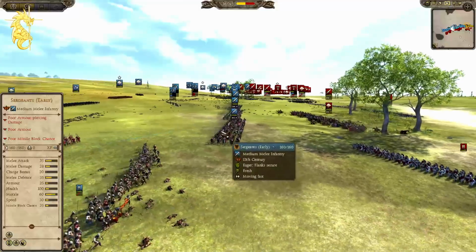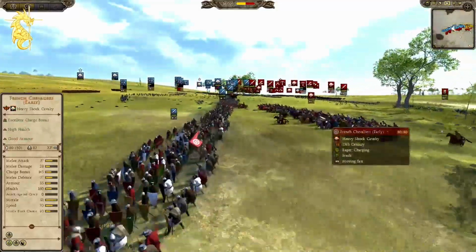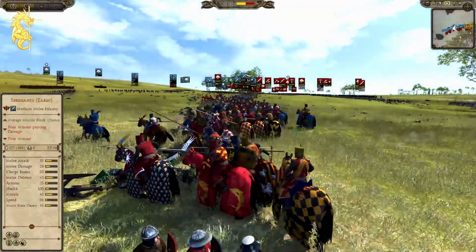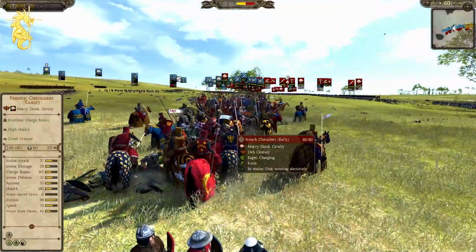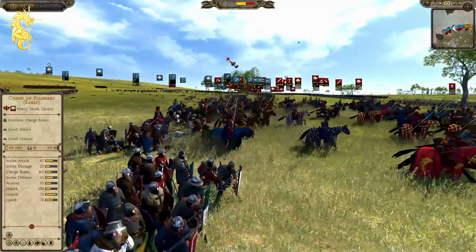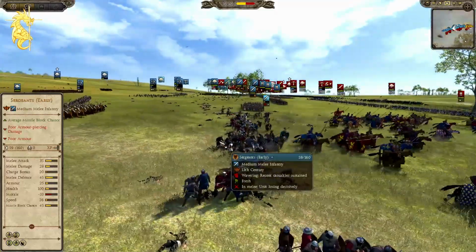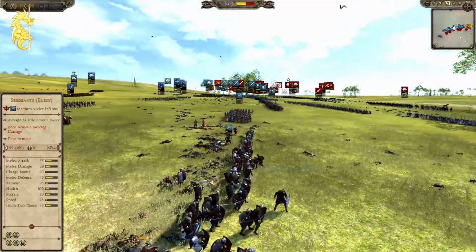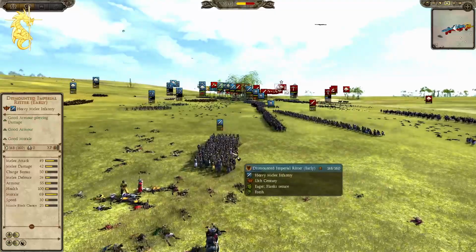The entire Holy Roman Empire army just went forward, get a charge from the French Chevaliers. Oh my God, shock cav is so good in this game. Oh my, look at the kills. Oh, I don't believe the line had stopped and fully braced. And so this sergeant unit just got annihilated.